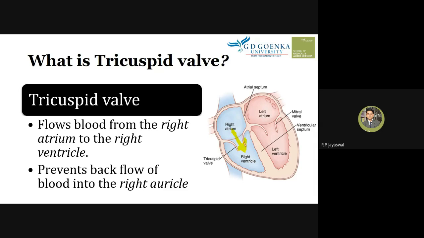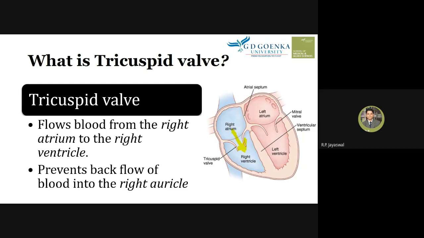The tricuspid valve also prevents backflow of the blood into the right auricle, that is, the right atrium. Backflow is not a normal condition. Blood flow is always in one direction, from the right atrium to the right ventricle.